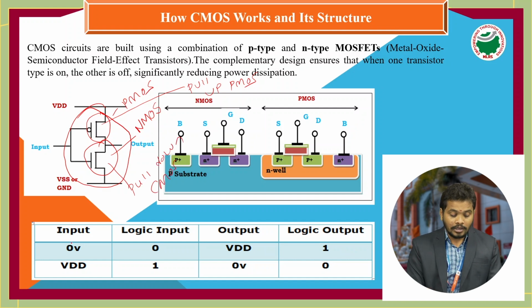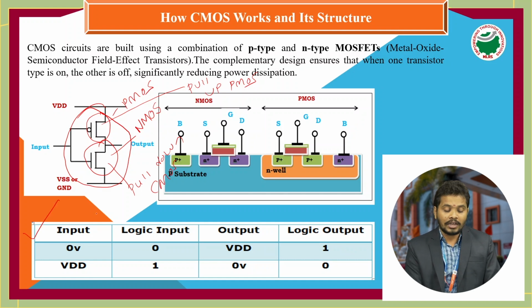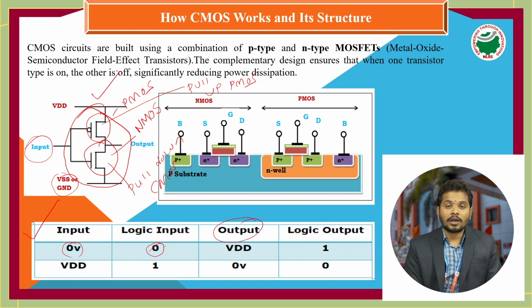And if you see here the operation of the device, when the input voltage is equal to VSS, means 0 volts, that is logic input 0, the output will be VDD. How?